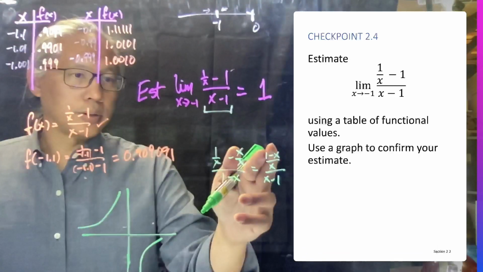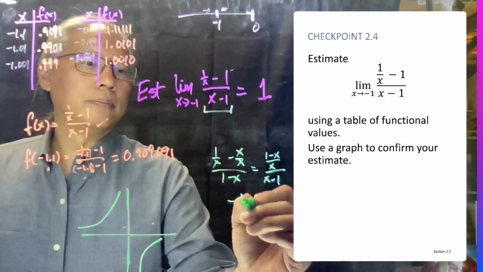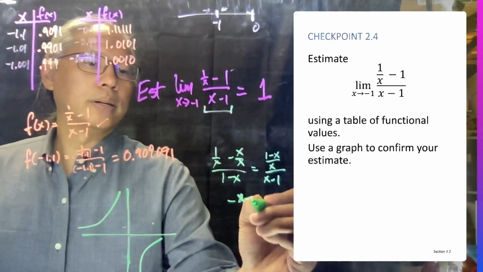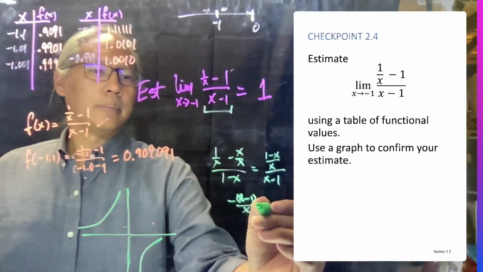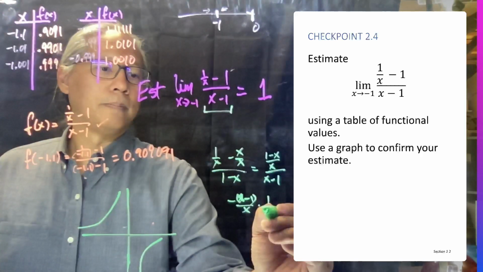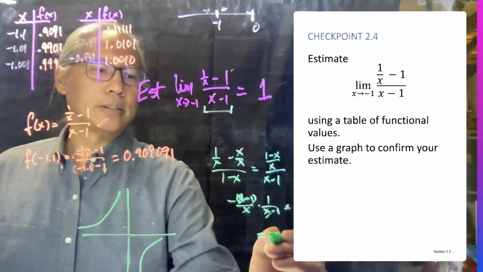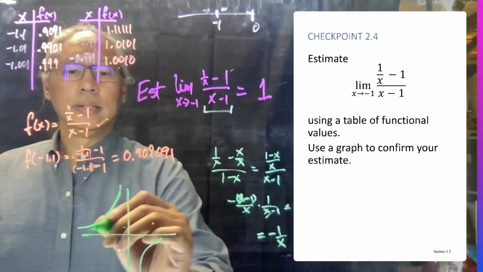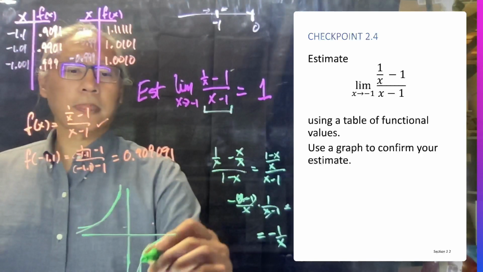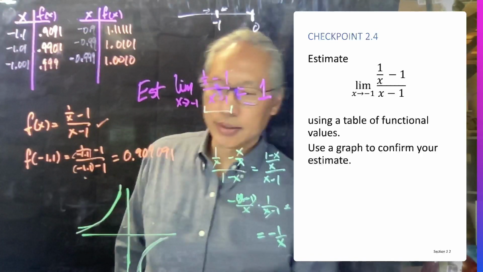If I switch the order on top and take out a negative sign, negative x minus 1 over x, that's the numerator. I multiply by the reciprocal of the denominator. I get x minus 1 cancel, and then I'm going to get this to be -1 over x. So that's what this graph is, really. There's an issue at 0, but there's an issue at 0 anyways.